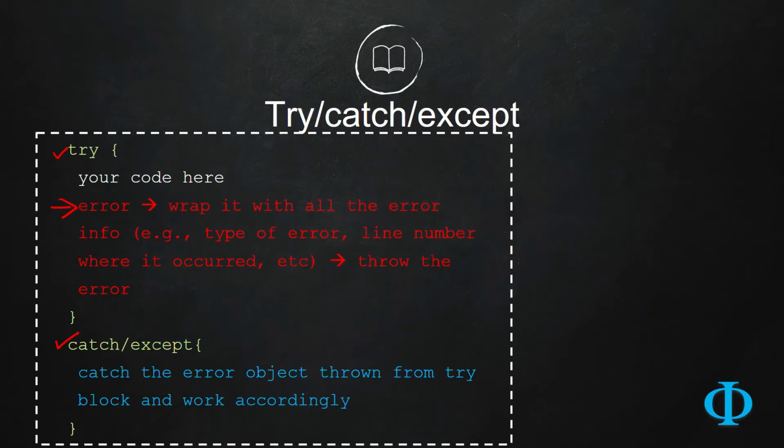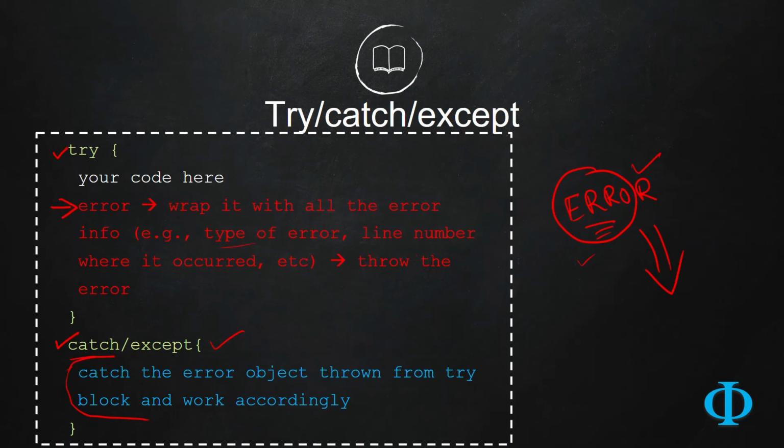Once the error object has been created like this, the try block will simply throw this error object, and then the catch block, as the name suggests, will catch this error object, and based on the nature of the error object and the information inside it, it will handle the error inside this catch block.